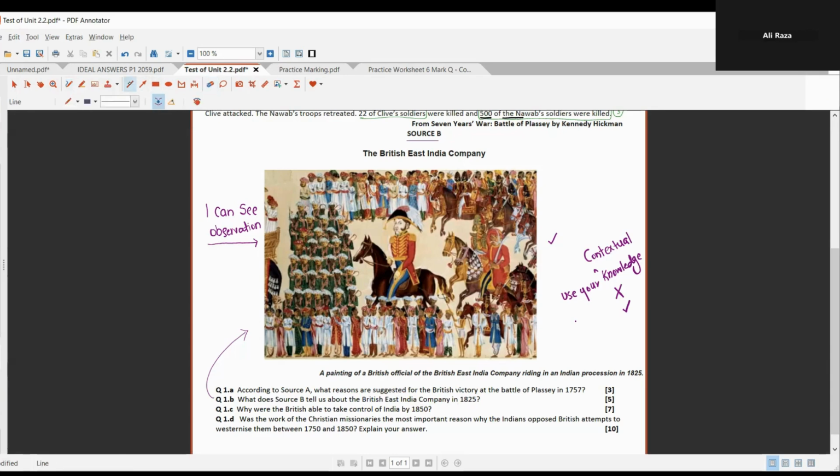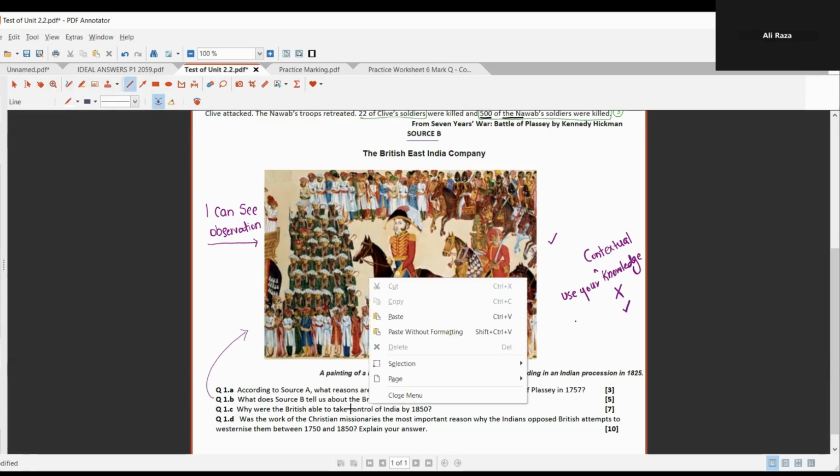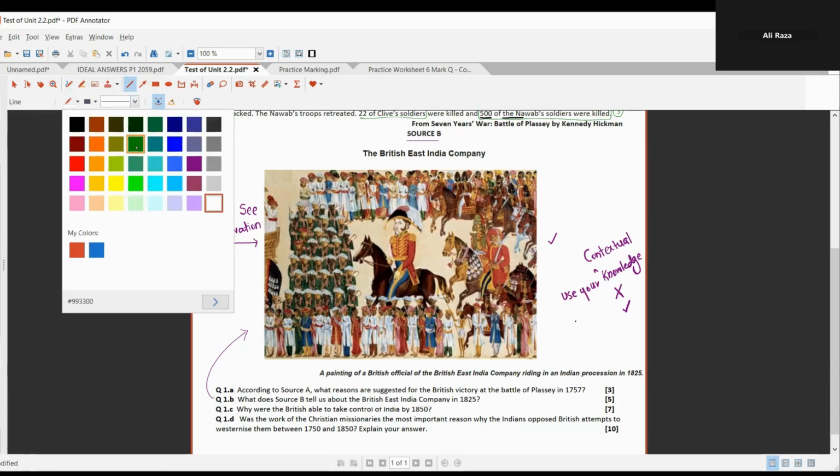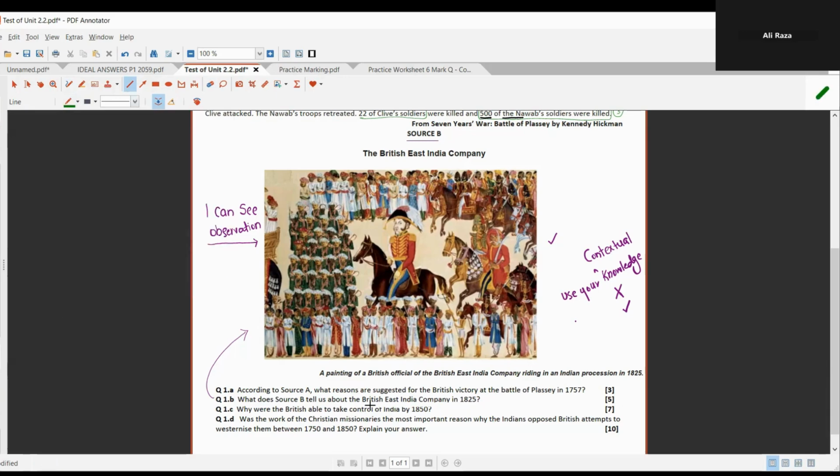So, when you look at the source and the question, they say, what does source B tell us about the British East India Company in 1825? Now, the question here is what does source B tell us about the British East India Company?